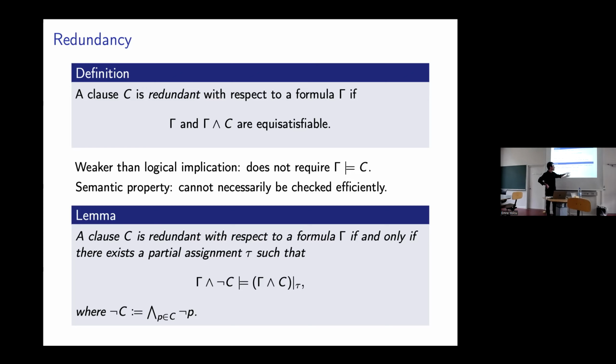Then for each variable, you substitute the value that this assignment assigns to that variable. If some clause has a literal that is satisfied, then that clause disappears. If it has a literal that is falsified, then you delete that literal from the clause, and the restricted version of the clause stays in the formula.